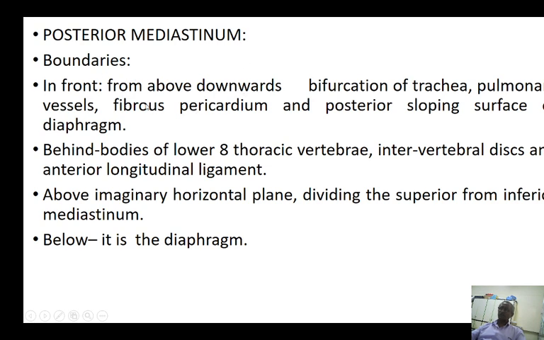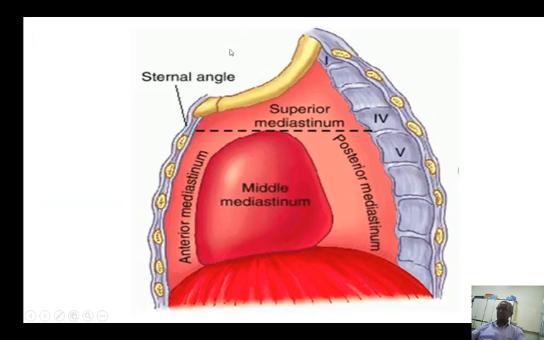Its boundaries in front, from above downwards, are the bifurcation of the trachea, pulmonary vessels, fibrous pericardium and the posterior sloping surface of the diaphragm.